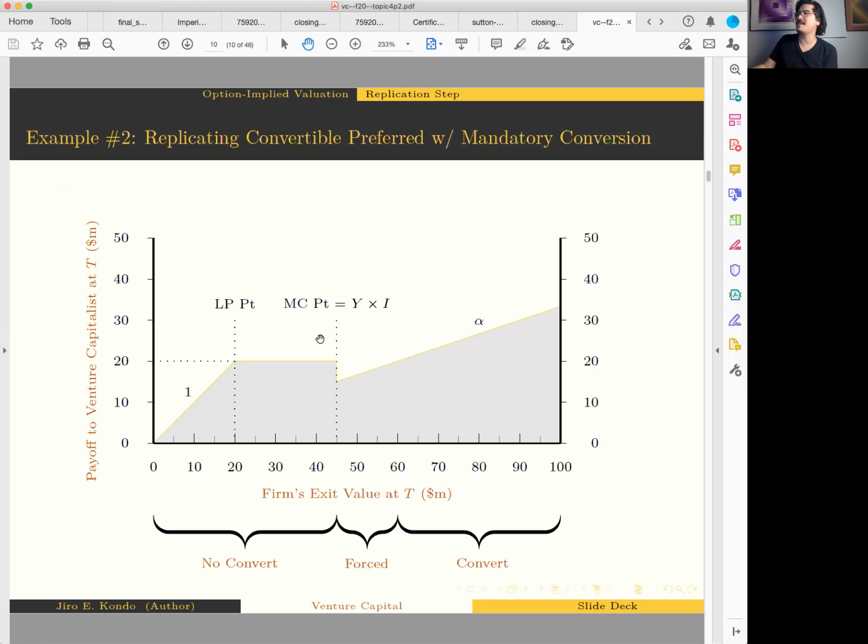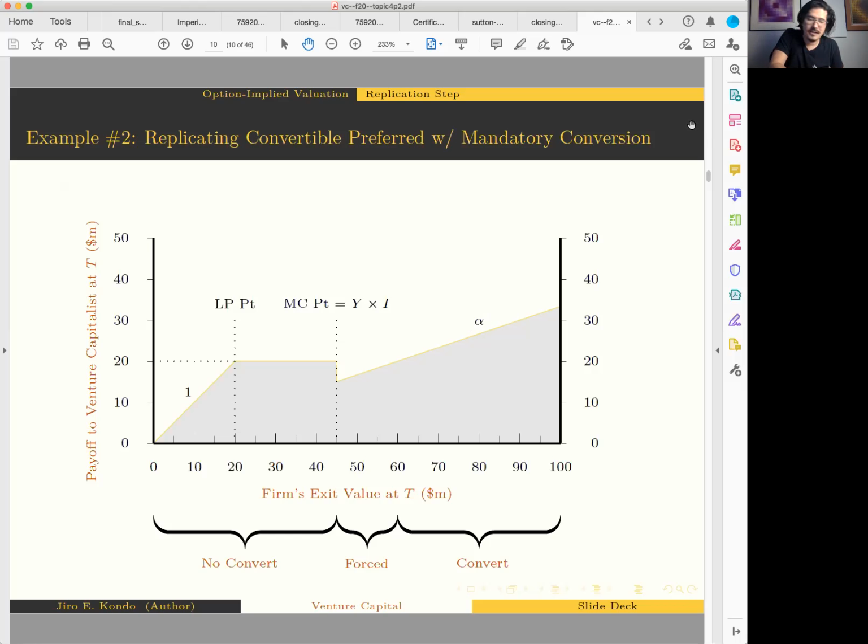So given this, what's the replicating portfolio? I'm going to say it in words. The replicating portfolio is long 1 unit of entire startup. That's the first ingredient.